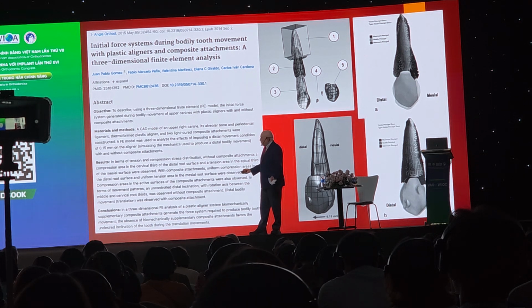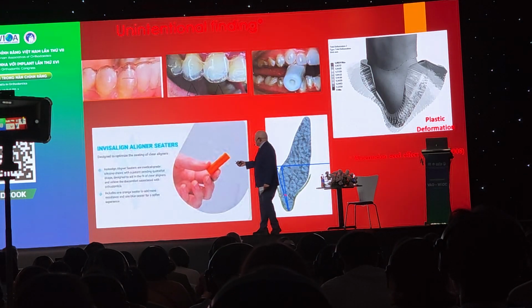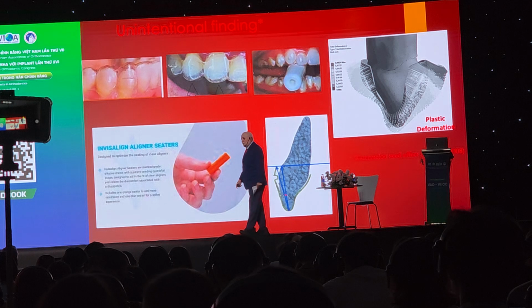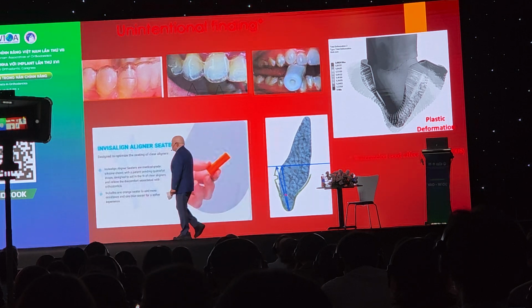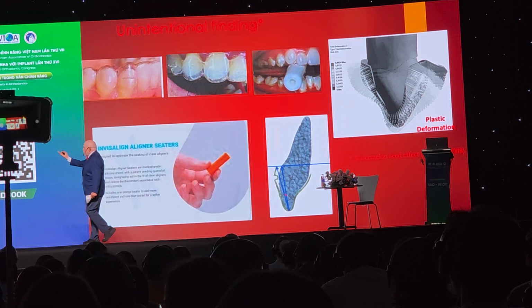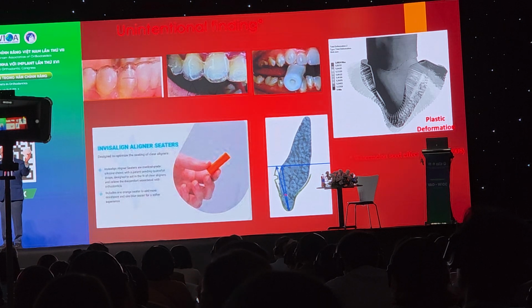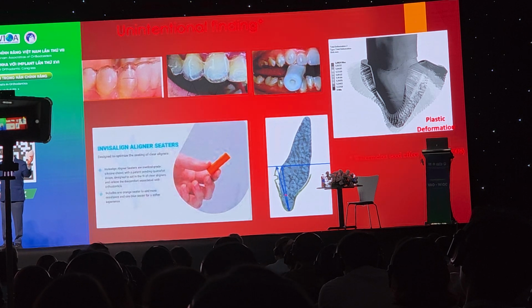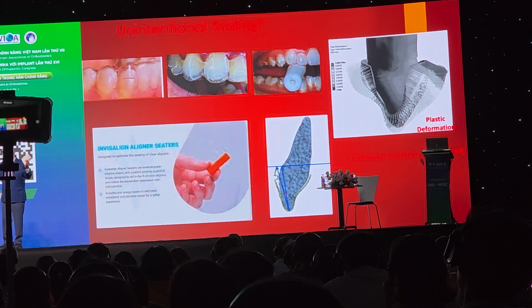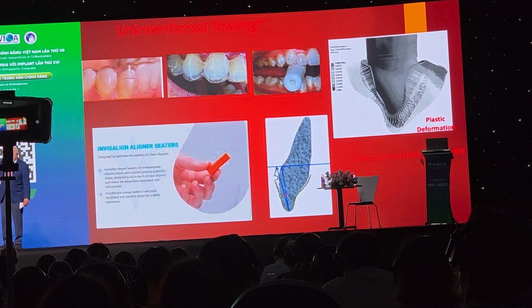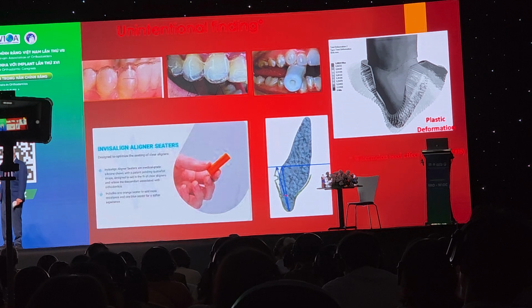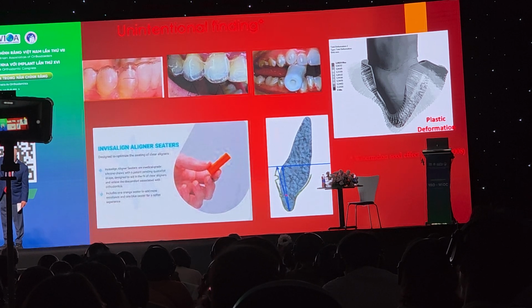This is the most important result that came out of that study. When you apply a squeezy, you will see that it opens up at the level of the gingival margins, and where do you need most of the force to go? At the gingival margin, because you are closer to the center of resistance.